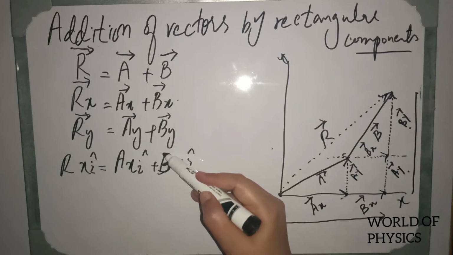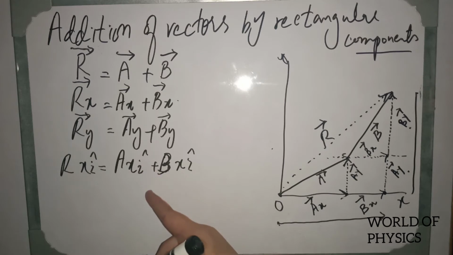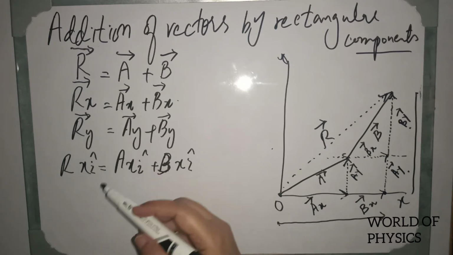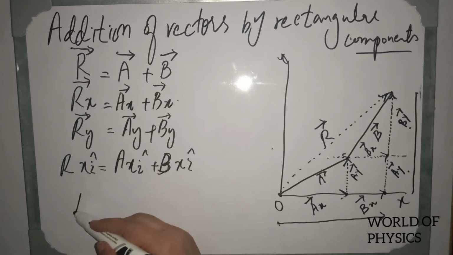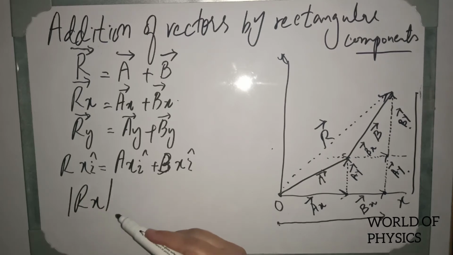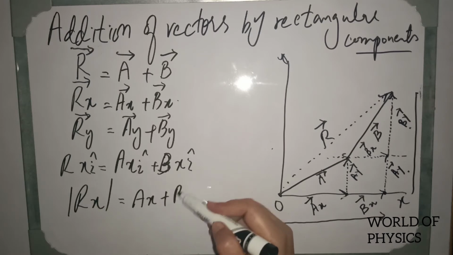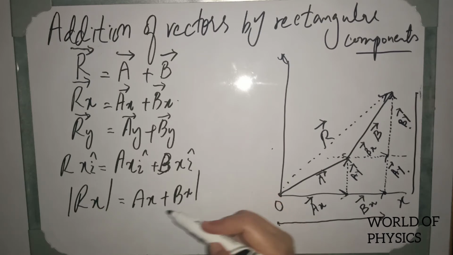Rx, that is the x component of r, is a combination of ax and bx. To find out the magnitude of rx, I may write down rx is equal to ax plus bx in magnitude.